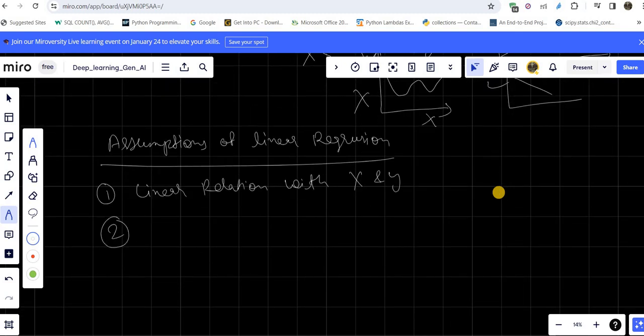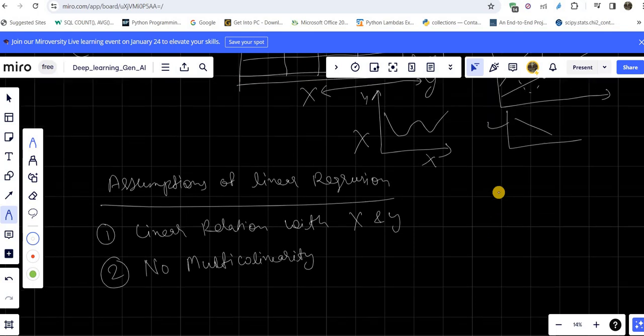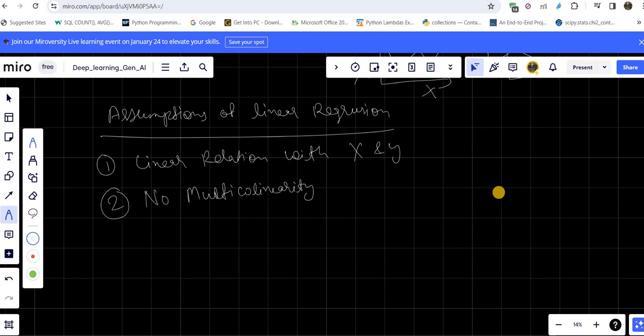Now let me write it here. No multicollinearity. No multicollinearity means, let me give you an example. Let's suppose this is one student, and this student wants to learn Python. This student went to multiple coaching centers to learn Python, like coaching 1, 2, 3, 4.